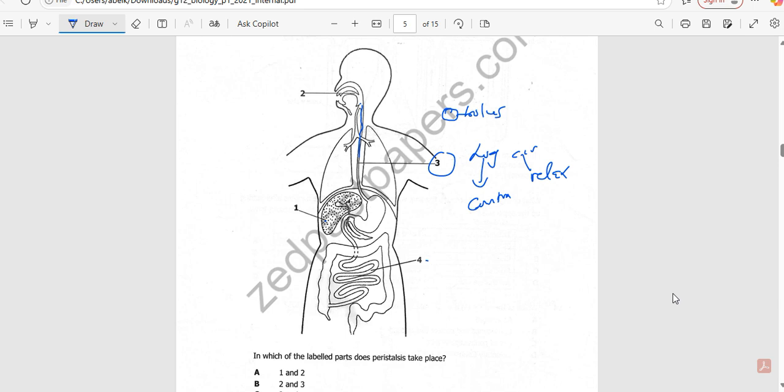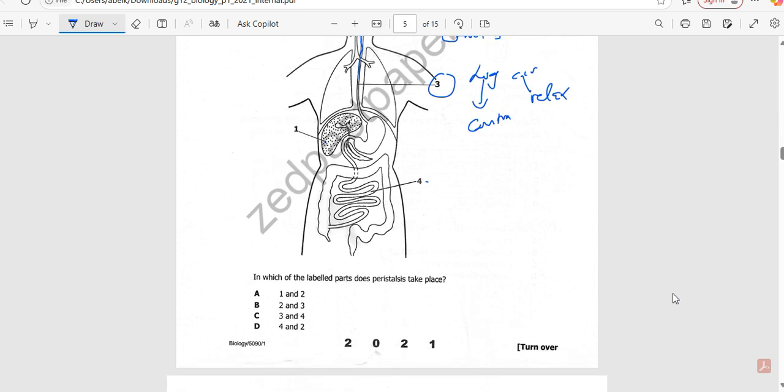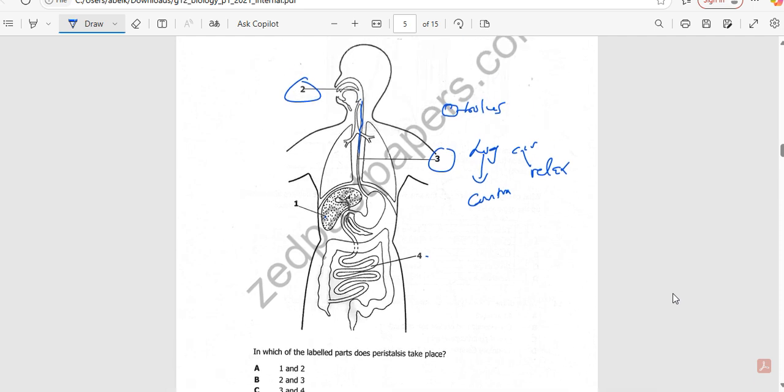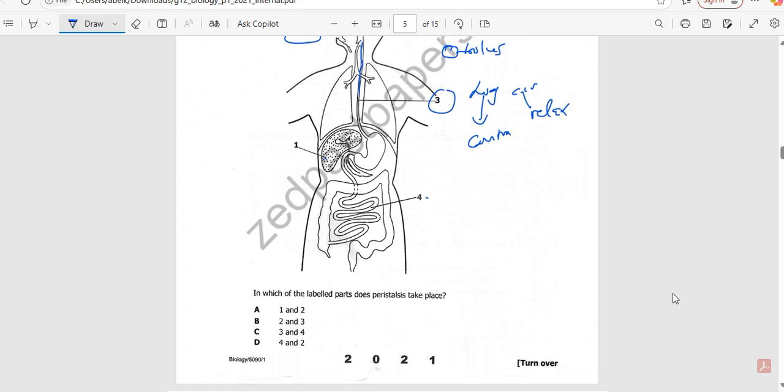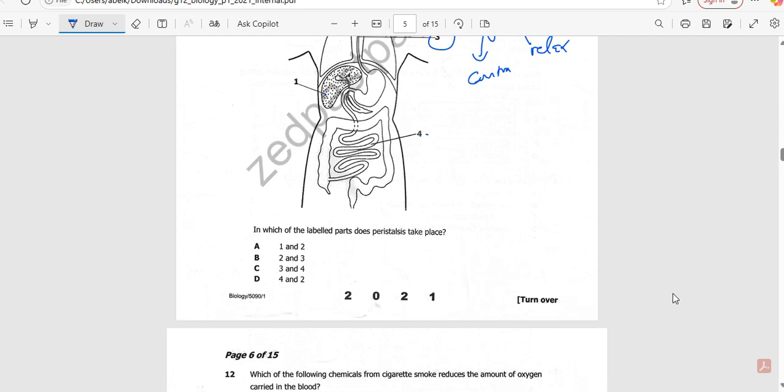So this contraction and relaxation of circular muscles is what we call peristalsis in the esophagus. So peristalsis can only take place in the mouth and the esophagus, not here. So mouth is 2, the esophagus is 3. So 2, 3. So the answer is B.